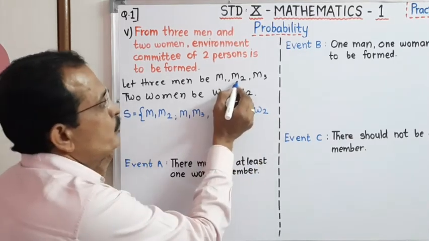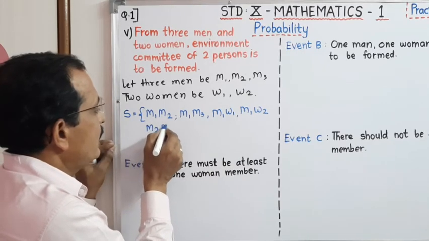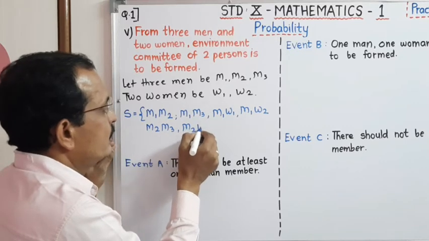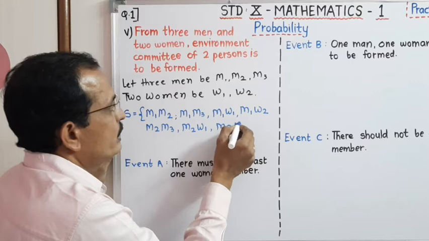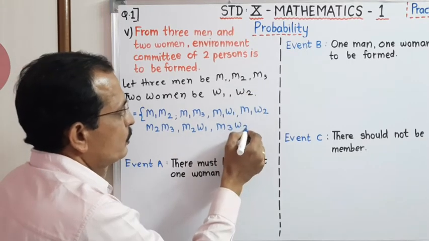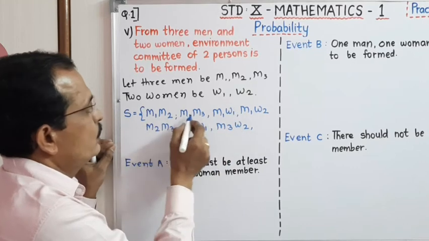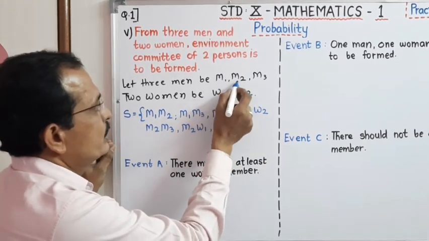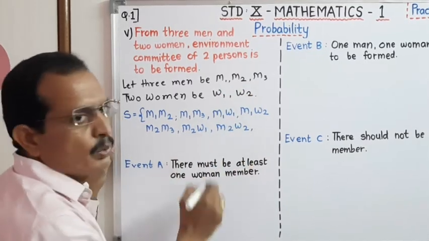Then M2 with M3, then M2 with W1 and M2 with W2. Now we have to write, see, 1, 2, 3, 4, 5, 6, 7.